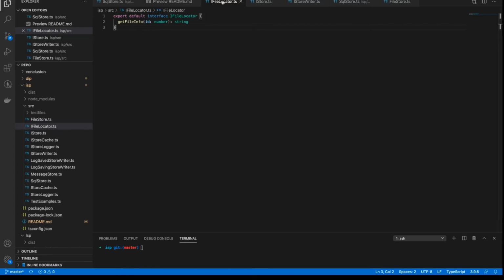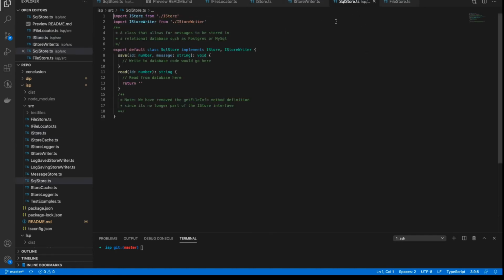And that means that because we've extracted it into its own interface, we can remove it from the iStore interface. And since we've removed it, the iStore interface now only has a save and read member, so we can remove that problem from the SQL store class.